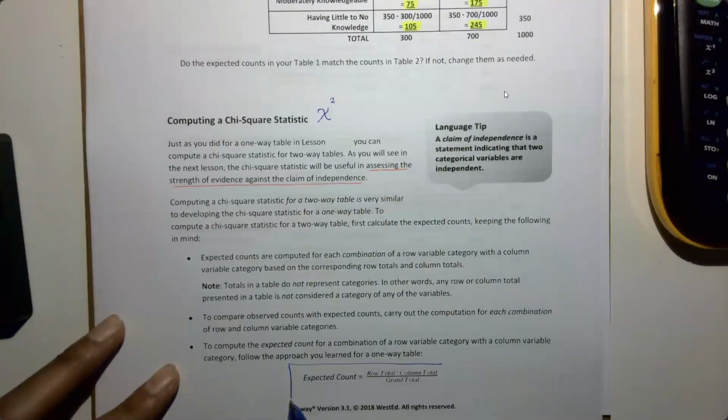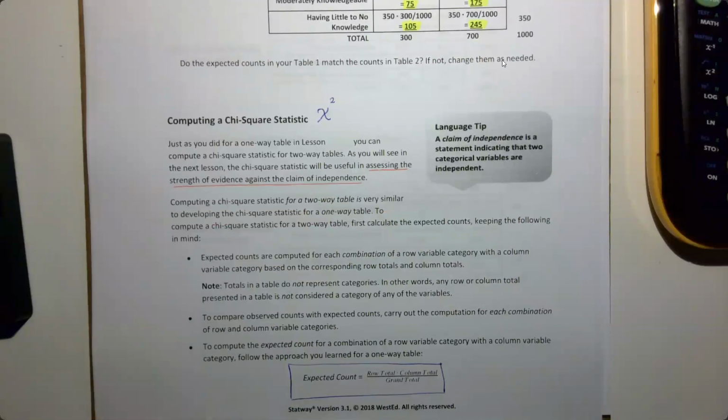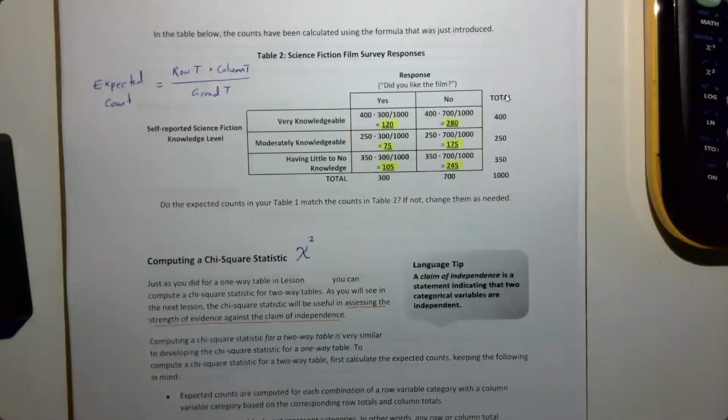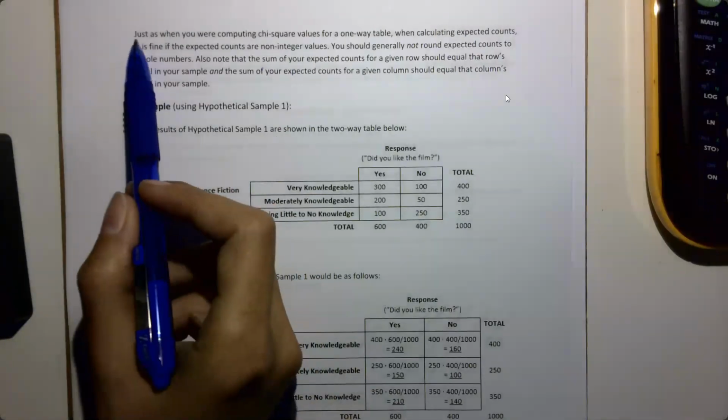Expected count is equal to row total times column total divided by the grand total. Very well, give us an example. Let's take a look at this example together.